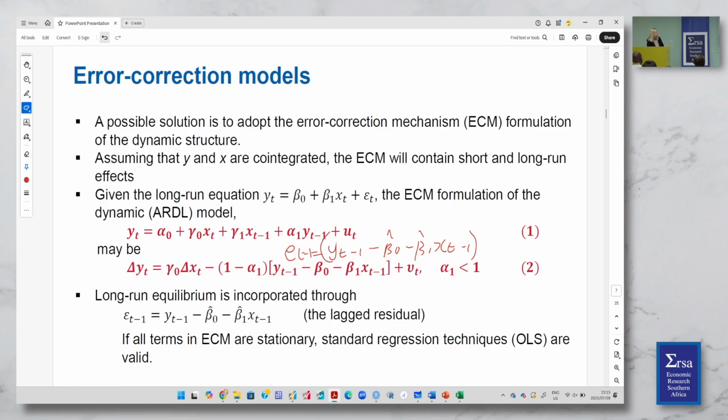What parameter we've put in front here, that is referred to as the error correction mechanism. And we will see why, but to note is that the sign is negative. Oh, I see, there's exactly what I wrote there. Is here, and everything is stationary.